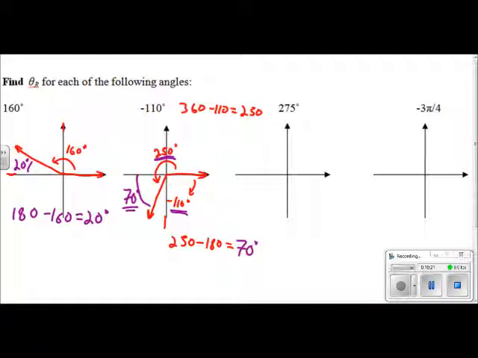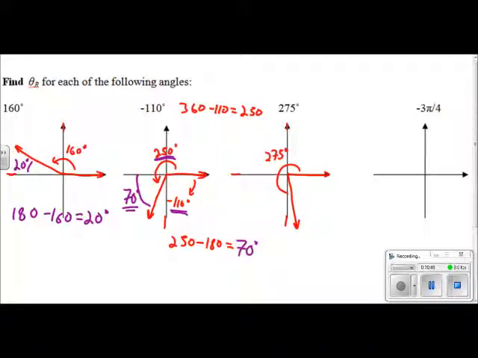Now let's look at 275, again in standard position. Straight up would be 90, straight to the left would be 180, straight down would come all the way around to 270, and we're at 275, so we need a little bit more than 270. That's going to be our angle, 275 degrees.